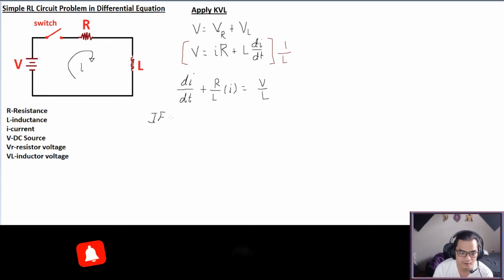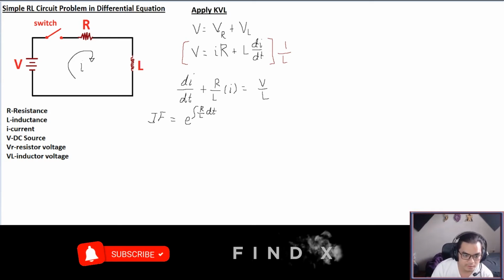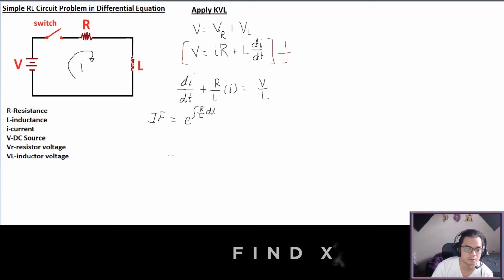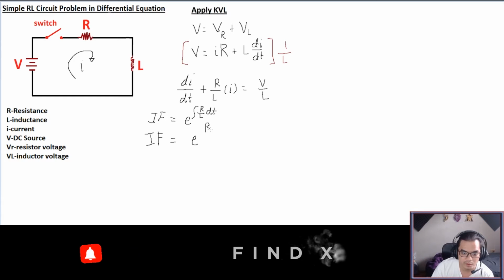To find the integrating factor, whatever is with the I, we have e raised to the integral of R over L dt. So the IF will be e raised to R over L times t.